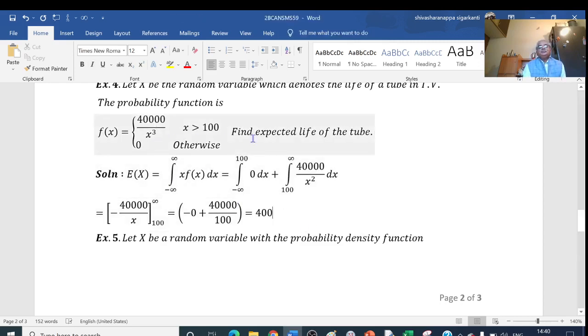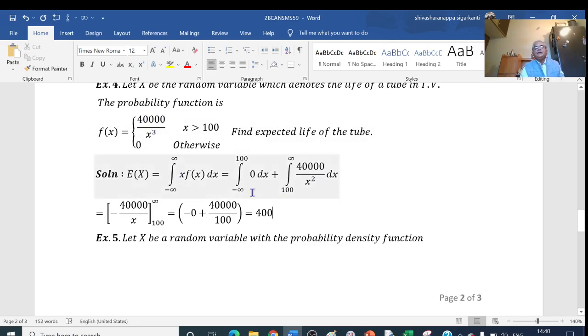x into f of x is equal to x into 40,000 divided by x cube. This becomes 40,000 divided by x square into dx.